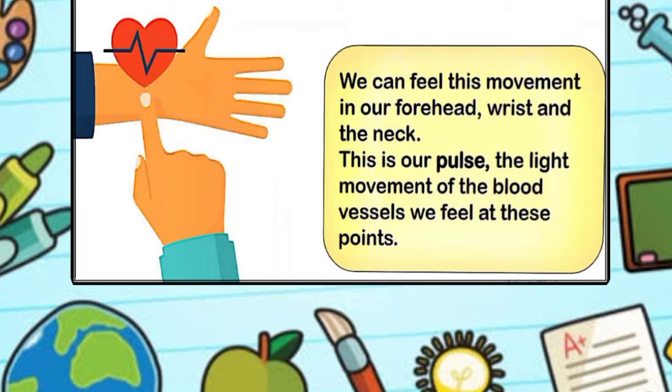A doctor uses a stethoscope to listen to the heartbeat. When we do some physical activity like exercise, more blood has to be sent to the muscles and the rate increases.